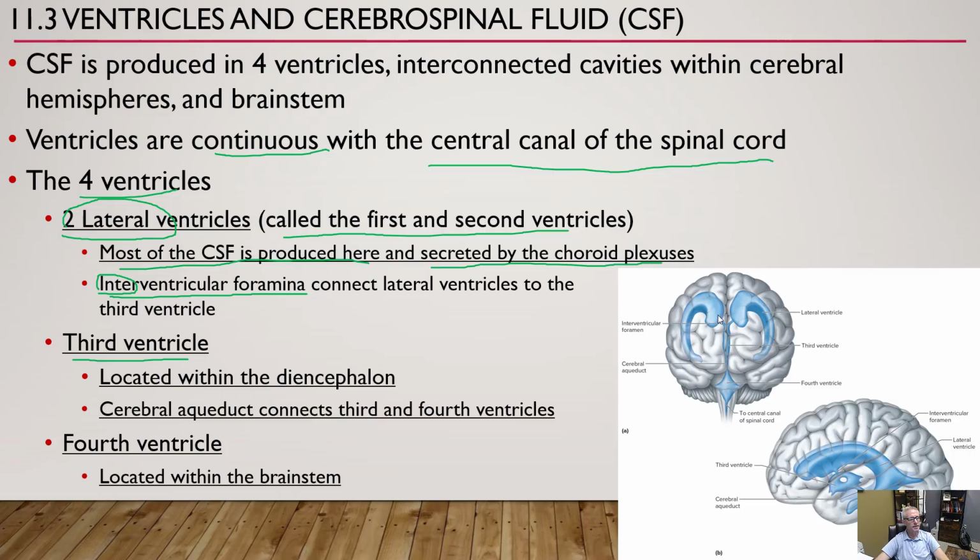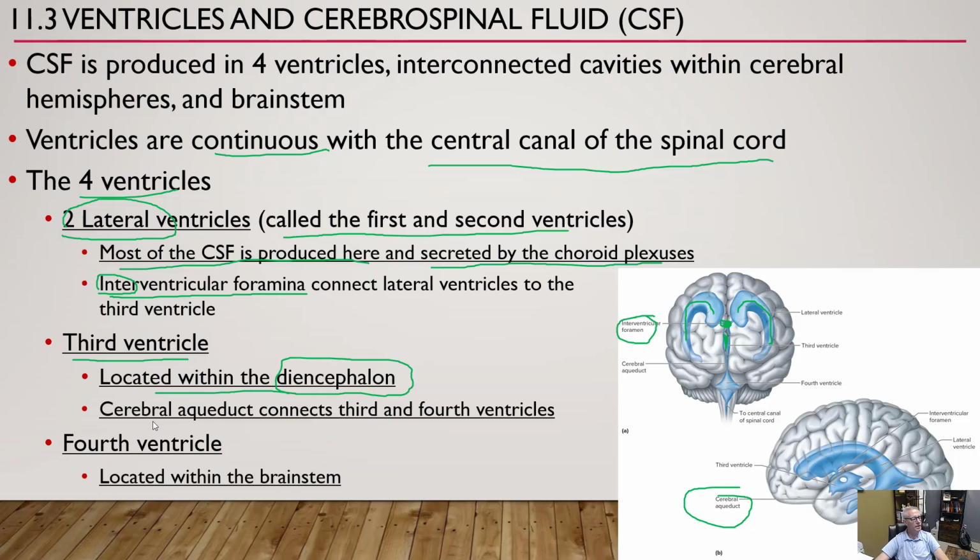And you can kind of see, so there's your two lateral ventricles. Then you have your interventricular foramina, kind of like here. Then you have your third ventricle. It's actually located in this structure called the diencephalon. We'll look at the diencephalon later on. And then we have this structure called the cerebral aqueduct.